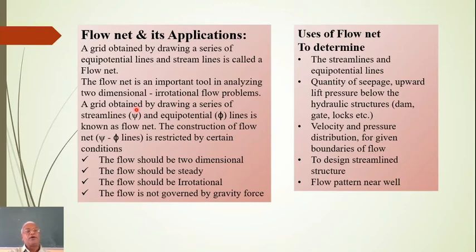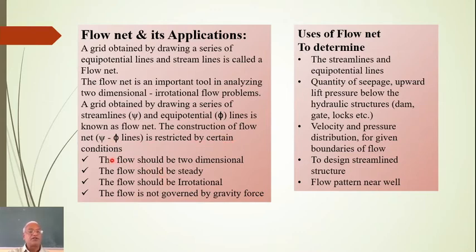A grid obtained by drawing a series of streamlines, psi lines, and equipotential lines, that is phi lines, is known as a flow net. The construction of the flow net is restricted by certain conditions.